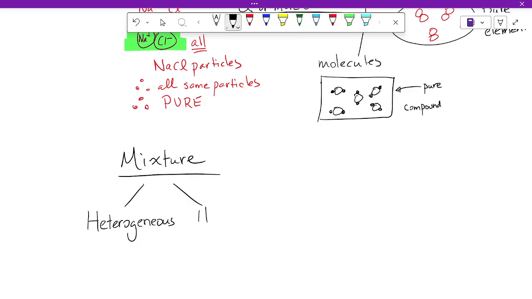And the other one is homogeneous. What is the other name for a heterogeneous mixture? Yes, it's a mechanical mixture. What is another name for a homogeneous mixture? Yes, a solution.